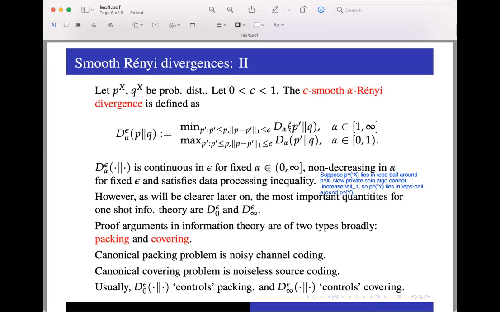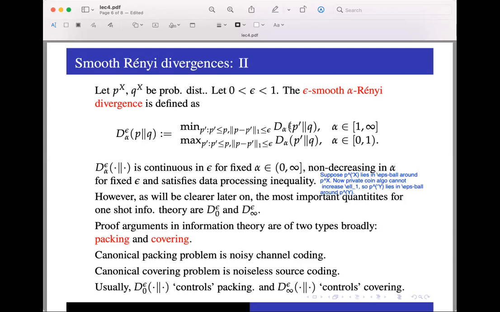Remember, D1 or the Shannon relative entropy is unstable. Small perturbations can change things drastically. So here the aim is to make P prime less distinguishable from Q. So why do I want to do that?